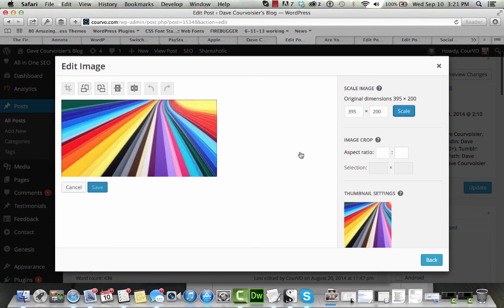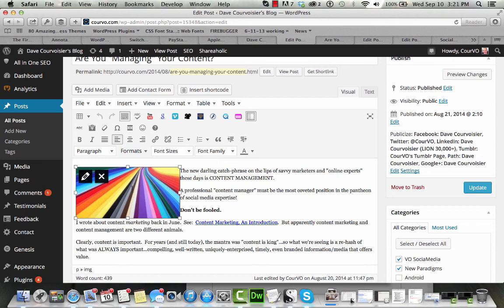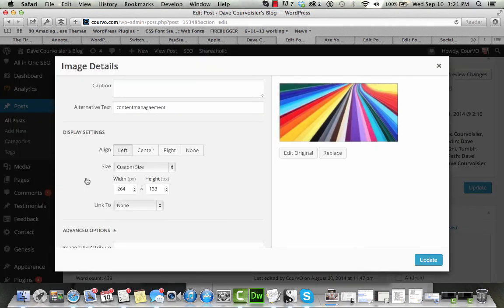WordPress may have chosen to display a different version of that size within the blog article itself. So he uploaded an image that was 395 by 200, and either Dave edited that down to make it a little bit smaller to fit in the article, or WordPress did. Can happen either way, sort of depends on the theme. But ultimately the image that is displayed is 264 by 133.